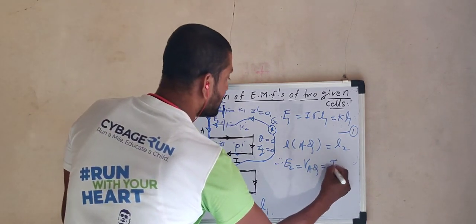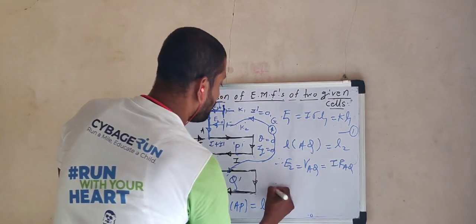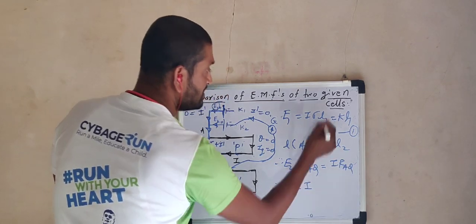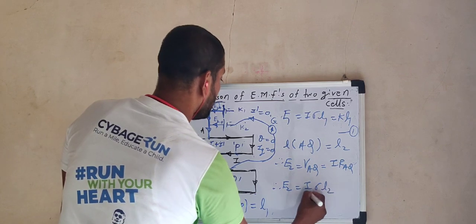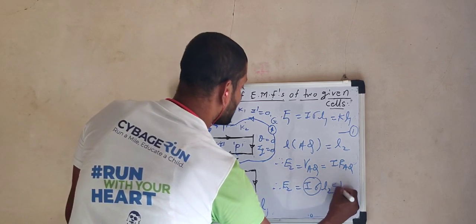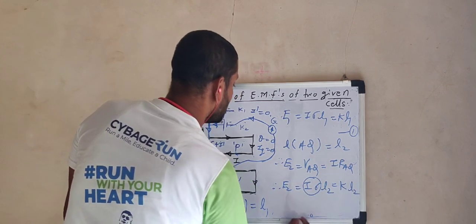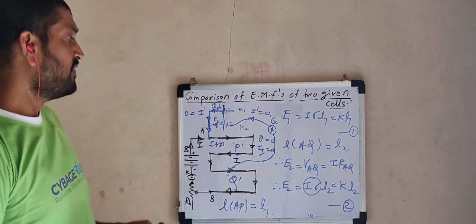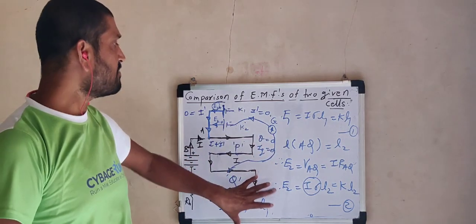According to Ohm's law, this is I into RAQ. Therefore we can write E2 is equal to I RAQ, which in a similar manner is I sigma L2, or this product I sigma can be replaced by the potential gradient, so this is K into L2, equation number two. This is a very simple discussion. This is the individual or separate method.